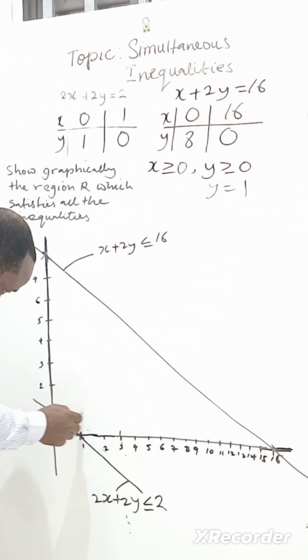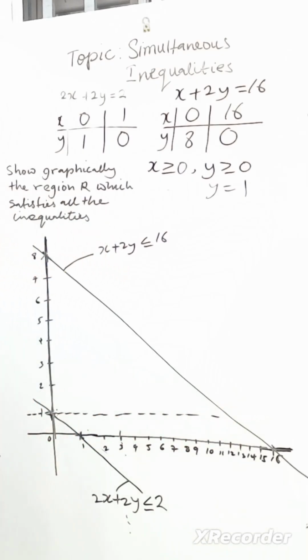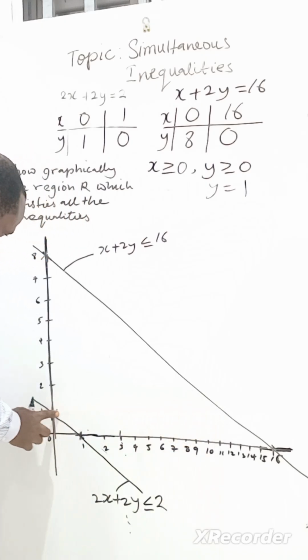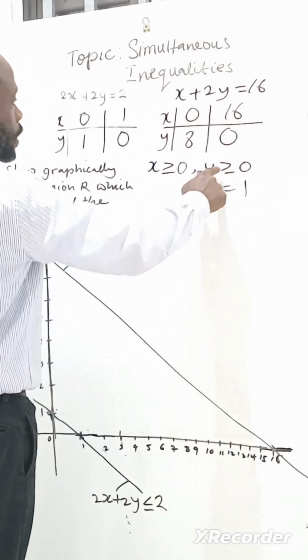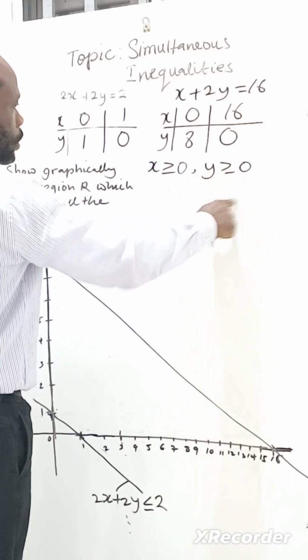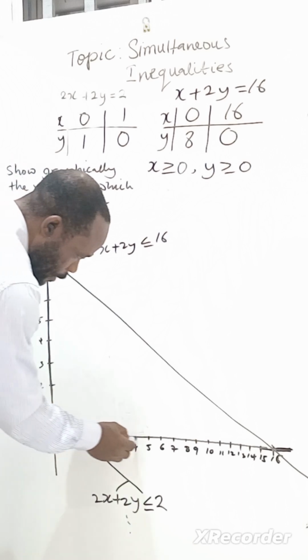So this line is going to be a horizontal line like this, cutting through the point 1. So for this particular case, where y is greater than or equal to 0, since it is horizontal, it is the entire x-axis.